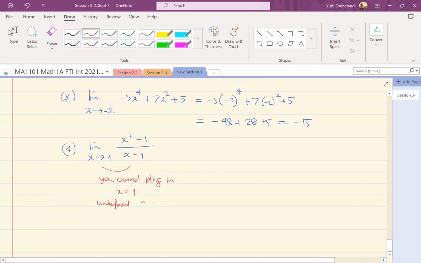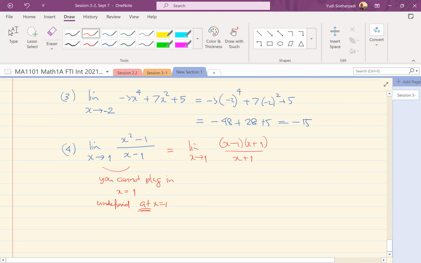See? All right, so what do we do here? Okay, so let's just do factorizations, and use the limit.